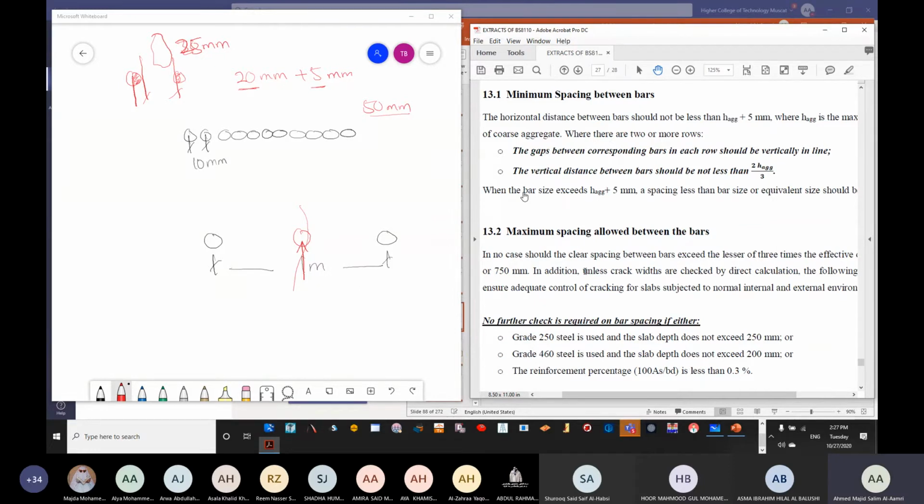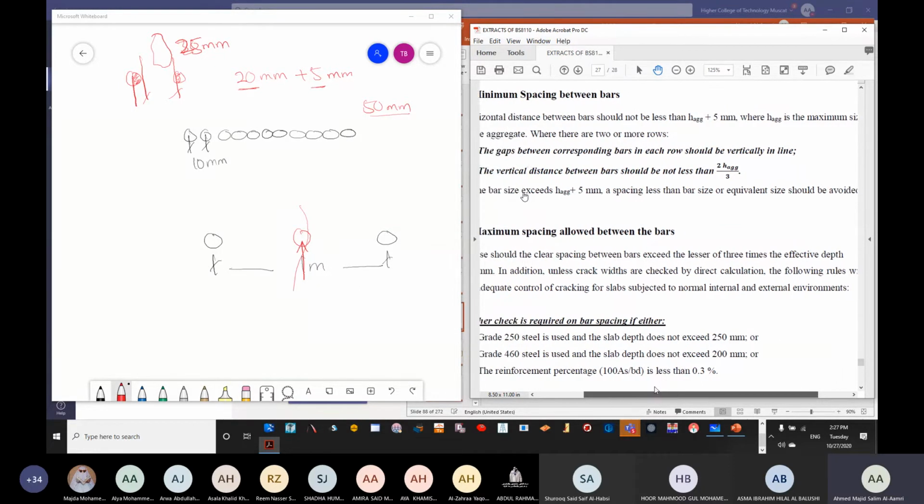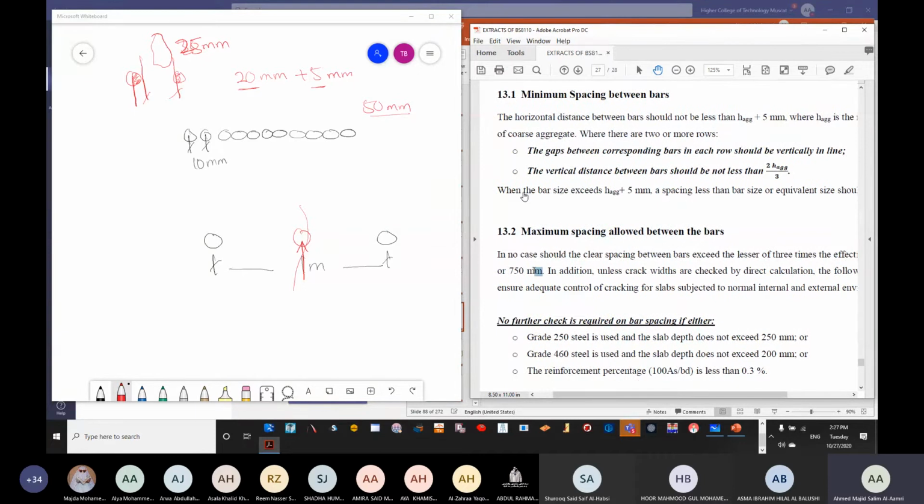And then the maximum spacing, it says it's going to be 3D or 750, whichever is lesser.